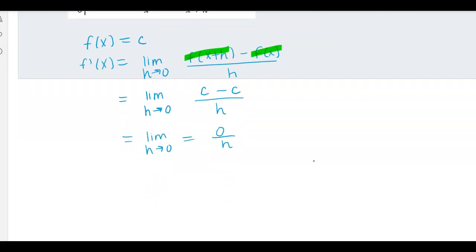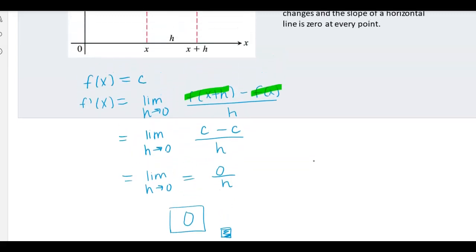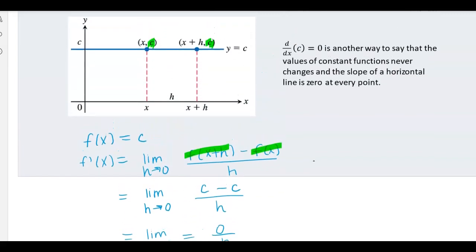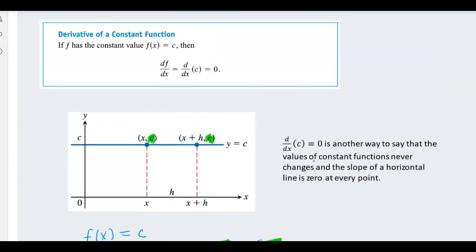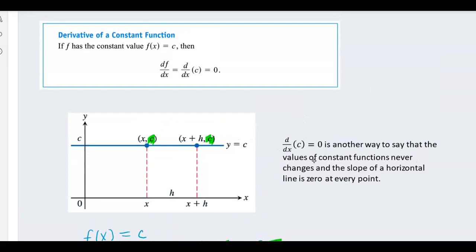We're going to take numbers that are closer and closer to 0, and overall we're just going to get 0 for our answer here. So this is the mathematical proof that what we're seeing in this graph is verified, that the derivative of any constant function is just going to be the number 0.